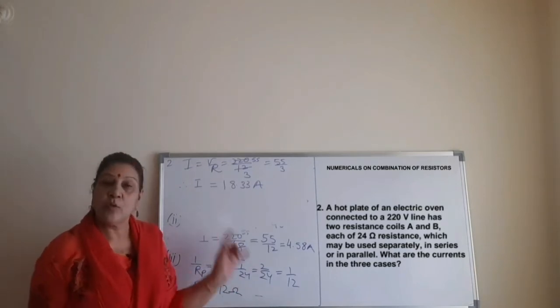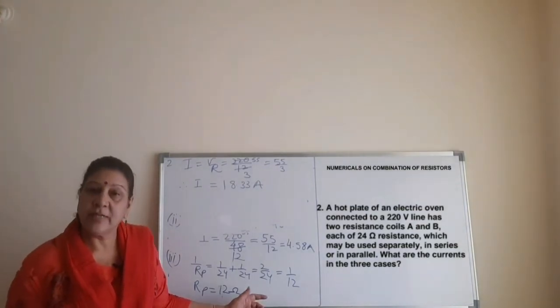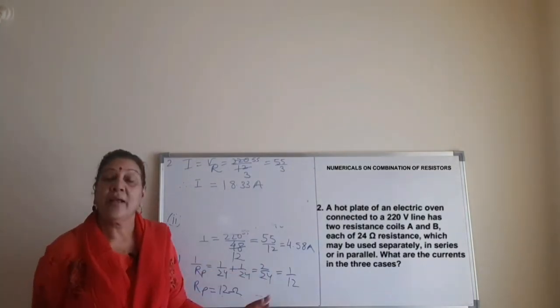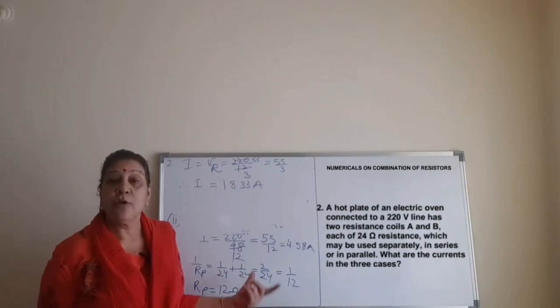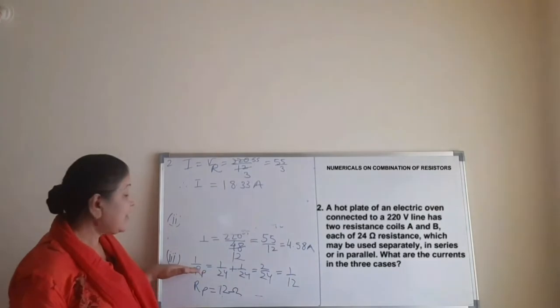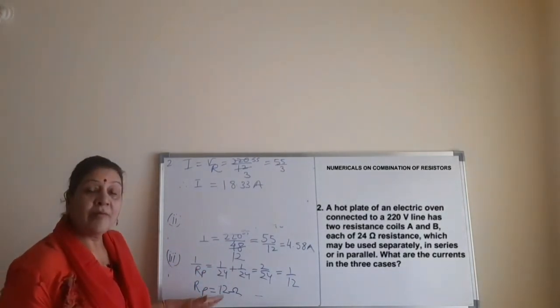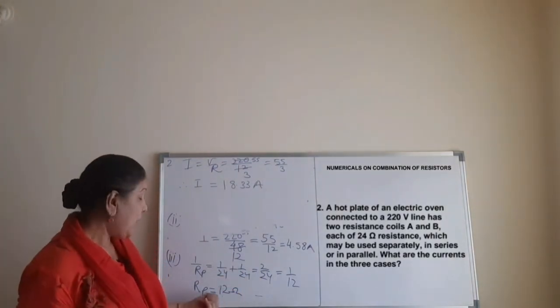So in all the three cases we found the current. One, when it is individually connected, each of the coils, whether it is RA or RB, because they both have equal resistance. Then the second case, when they are connected in series, the net resistance will be R1 plus R2, that is 24 plus 24, 48 ohm. And in the third case, when these two coils are connected in parallel, 1 upon Rp will be 1 upon 24 plus 1 upon 24, or Rp will be equal to 12 ohm.